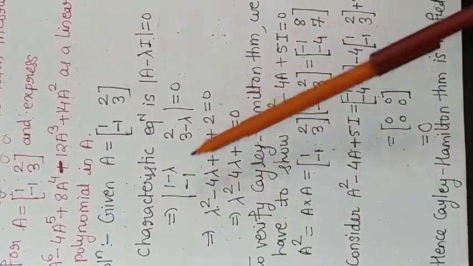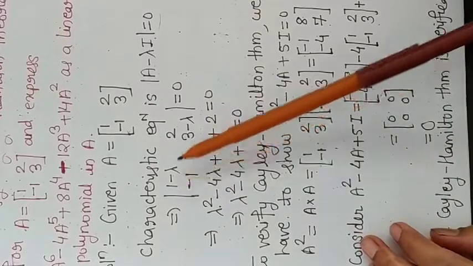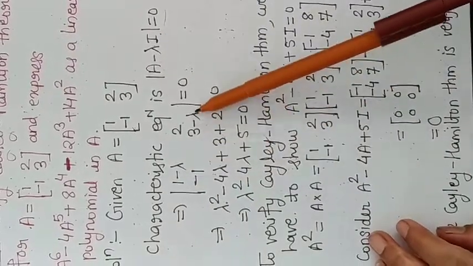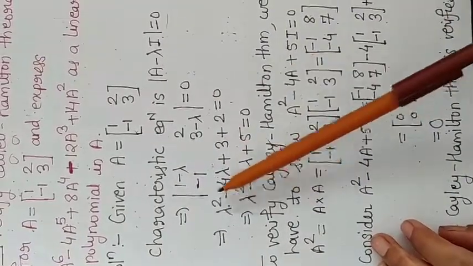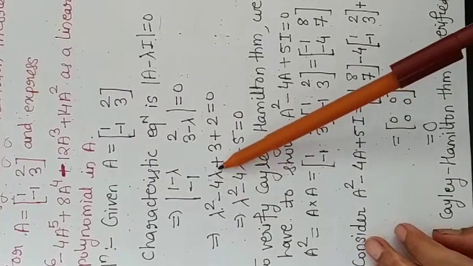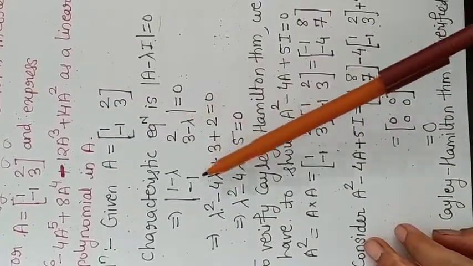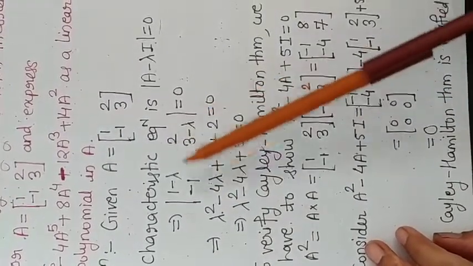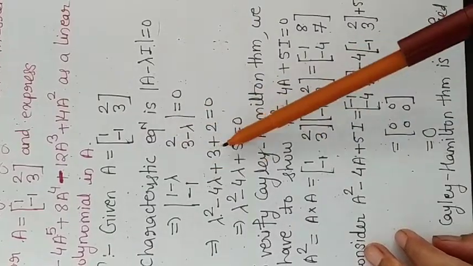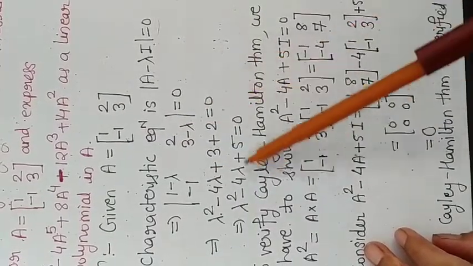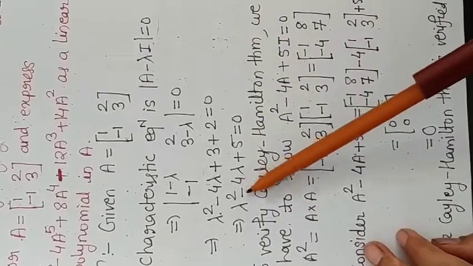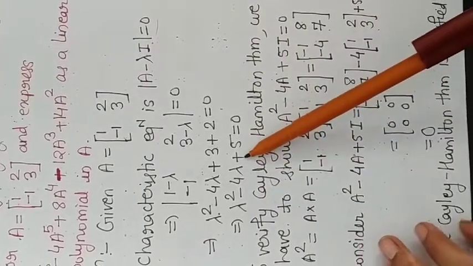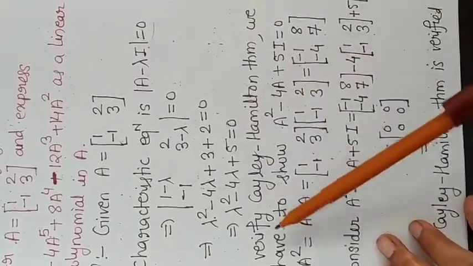Now simplify this one. 1 minus lambda into 3 minus lambda will be lambda square minus 4 lambda plus 3, minus this, that is minus 2, so minus minus plus 2 equal to 0. That implies lambda square minus 4 lambda plus 5 equal to 0.